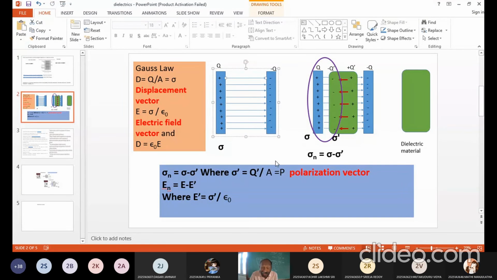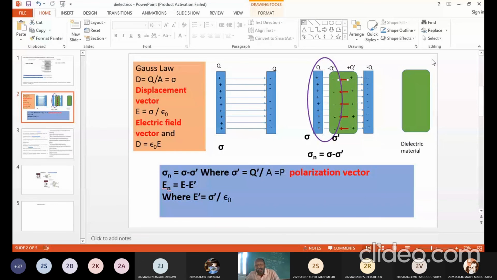Electric field lines. When do you get electric field lines? Whenever you have positive charges and negative charges separated by some distance. Now why do you have these red lines? What do the red lines represent? Polarized field lines. Right, good.